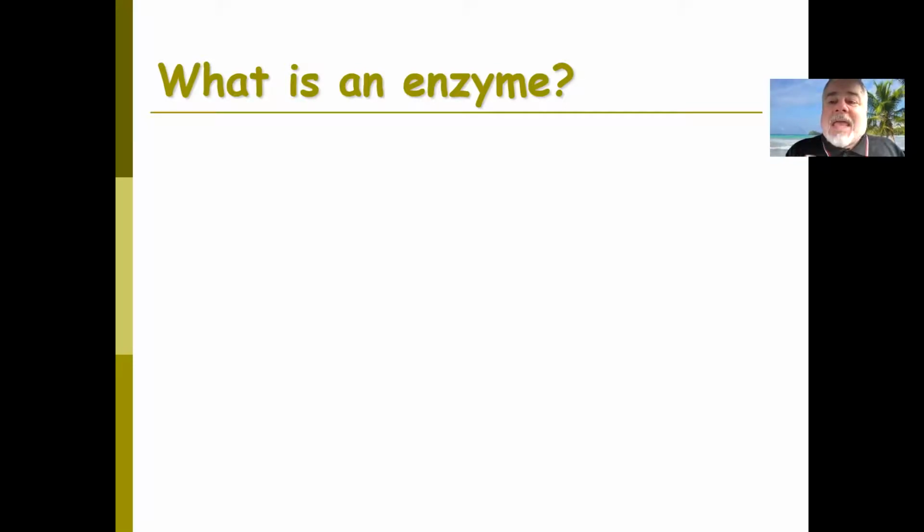Protein is made of a string of amino acids, or multiple strings of amino acids in many cases. These amino acids have an amine group. So don't worry about your biochemistry here, but they have nitrogen. They have a little nitrogen group, and that's what makes it an amino acid.